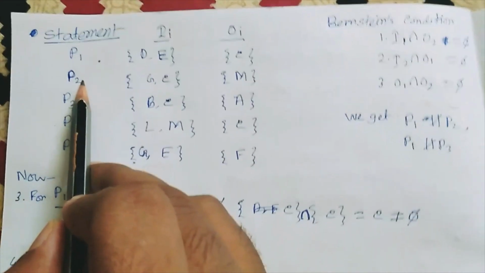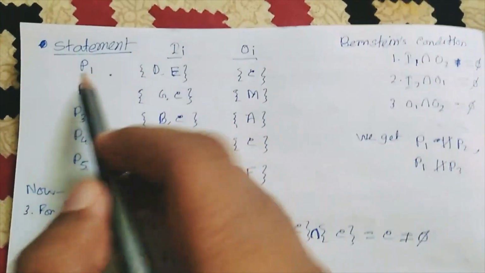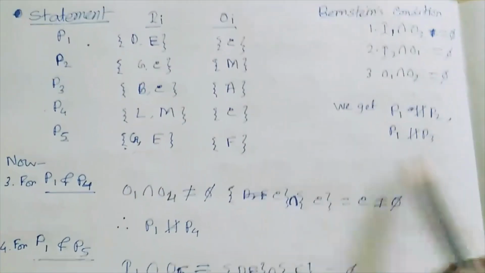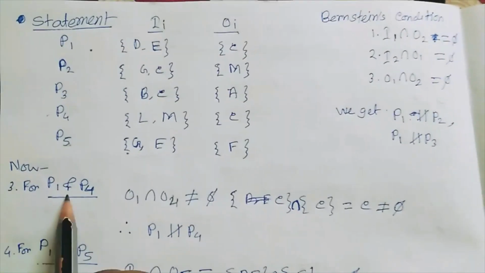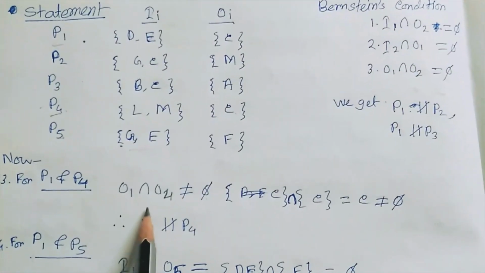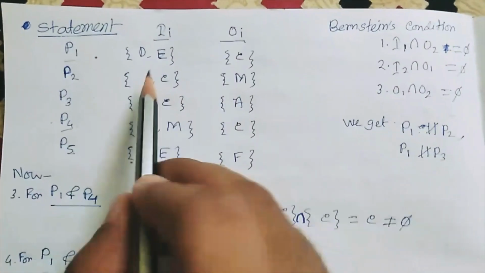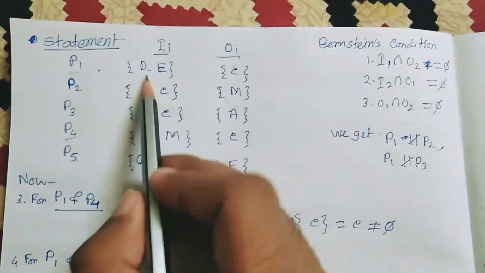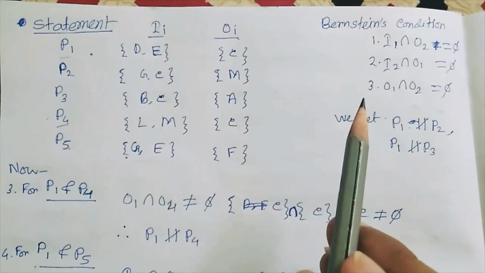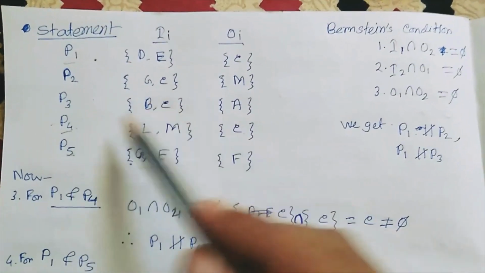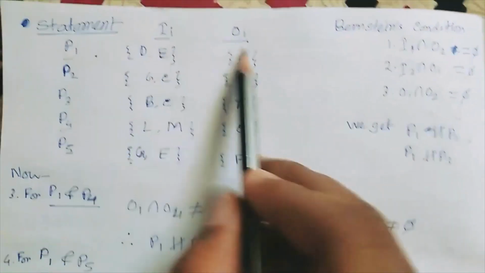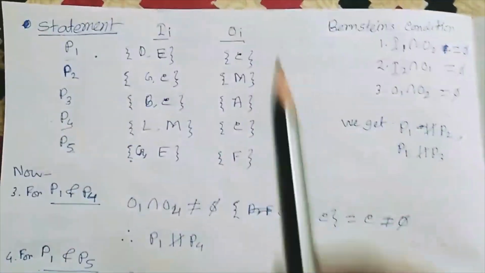We have already checked that P1 and P2 are not parallel, and P1 and P3 are not parallel. Now we check P1 and P4. For P1 and P4, the first two conditions are true: the input set of P1 and the output set of P4 are different, and the input set of P4 and the output set of P1 are different.